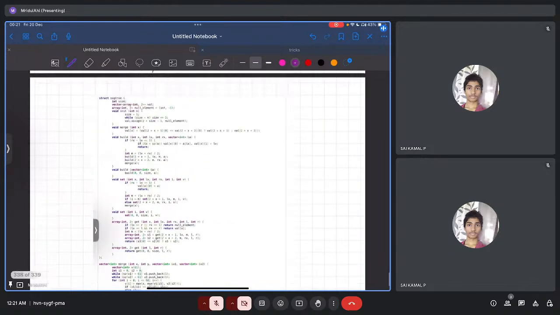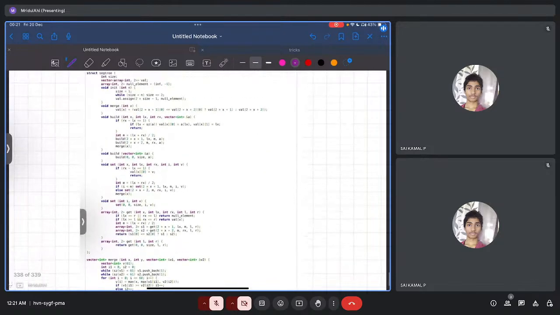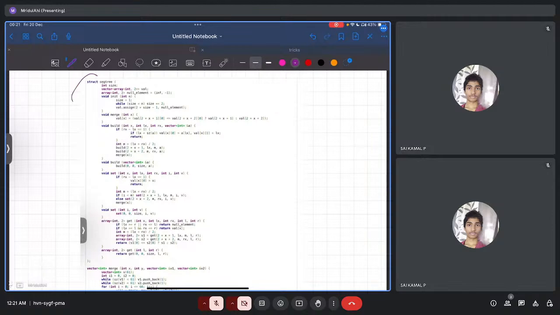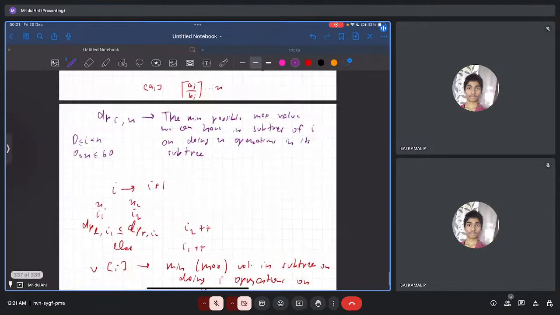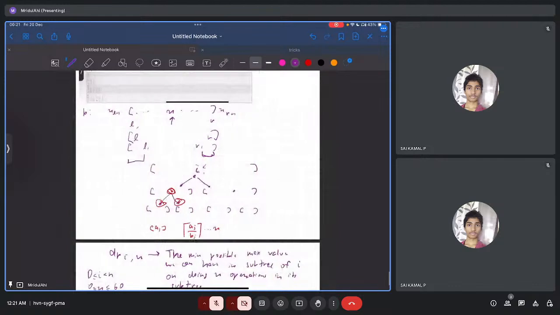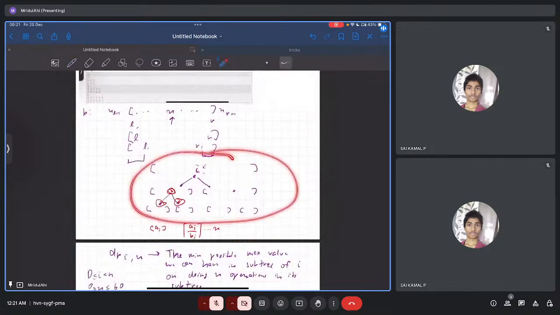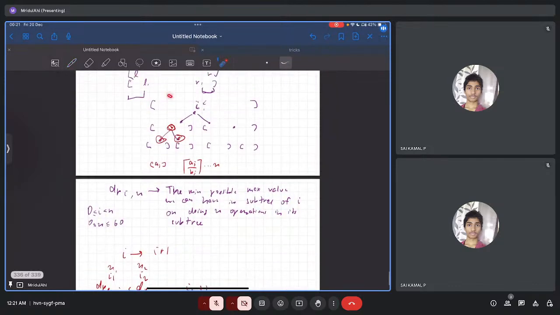I'll go through my code once. First, I wrote a segment tree template to make this tree. This tree is formed using a segment tree template to find the minimum element in a range and the index of it. Then we recurse on the left and right side.